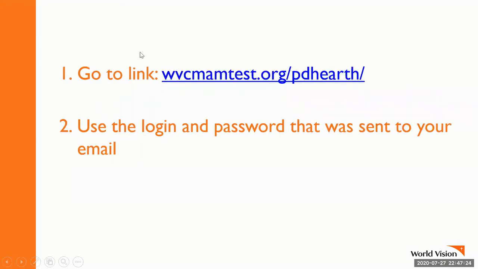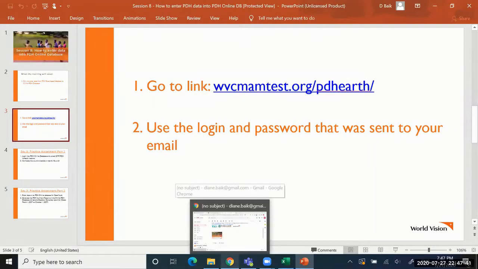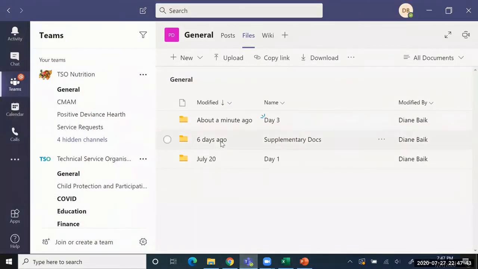So please go back onto wvcmtest.org/pdhearth and use your login and password to get in. And then you can go to supplementary docs or you can go to day 3, whichever one is easier.